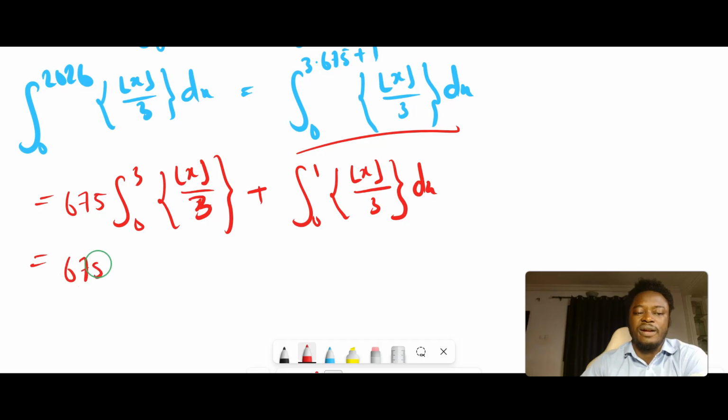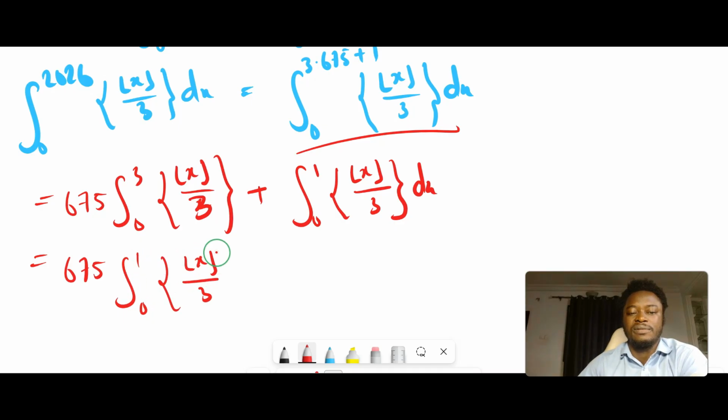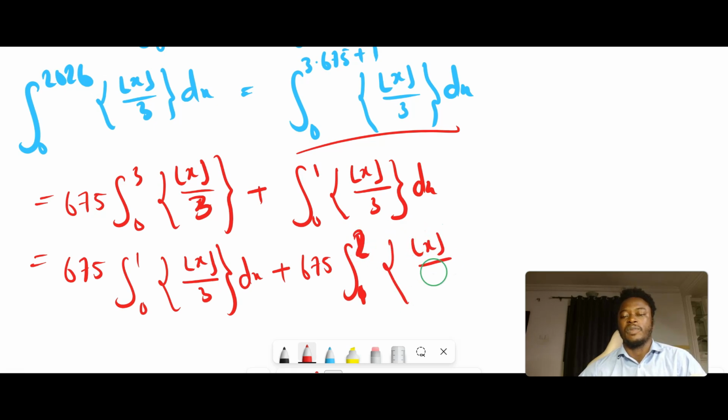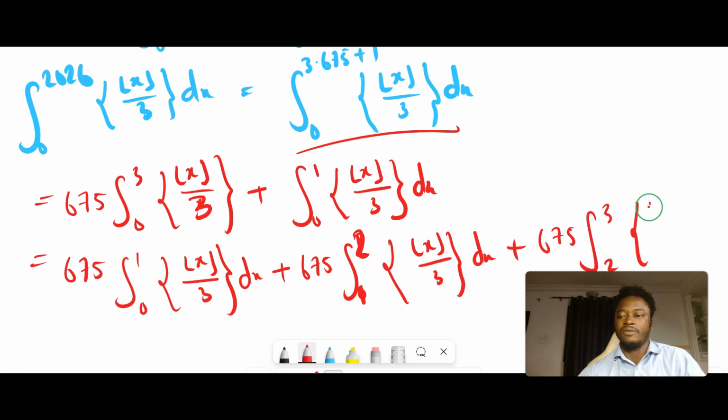This is 675 multiplied by the integral from 0 to 1 of the fractional part of the floor of x over 3 dx, plus 675 times the integral from 1 to 2 of the fractional part of the floor of x over 3 dx, plus 675 times the integral from 2 to 3 of the fractional part of the floor of x over 3 dx.